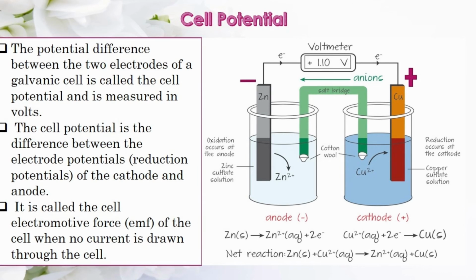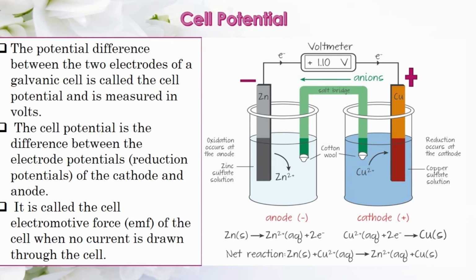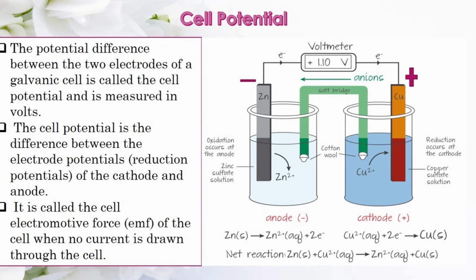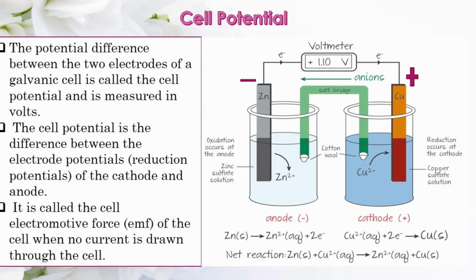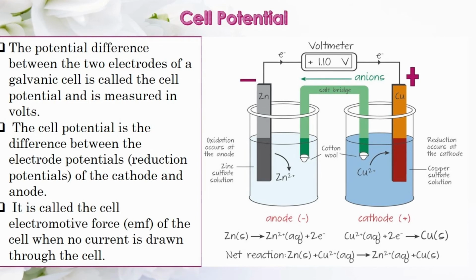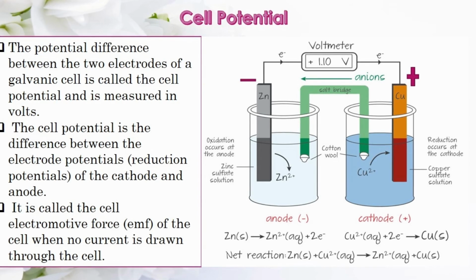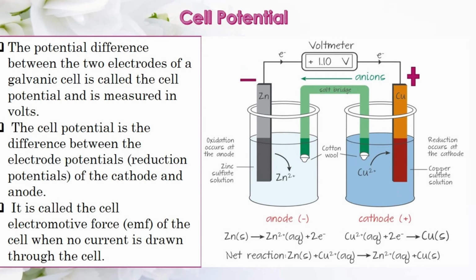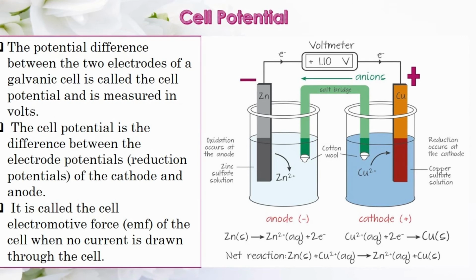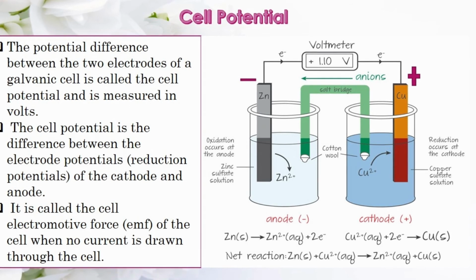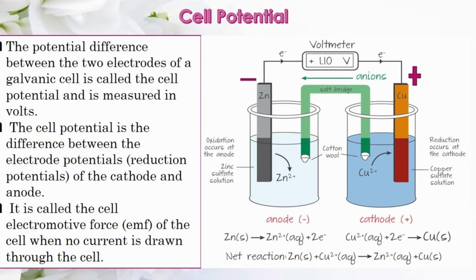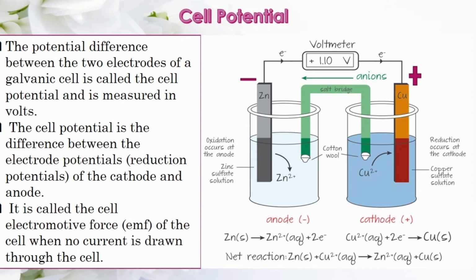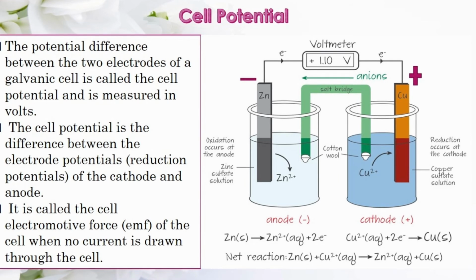So you have a difference in charge between the two electrodes. Hence, a potential difference will be created between the two electrodes of a galvanic cell. That potential difference between the two electrodes of a galvanic cell, we call the cell potential, and it is measured in volts.